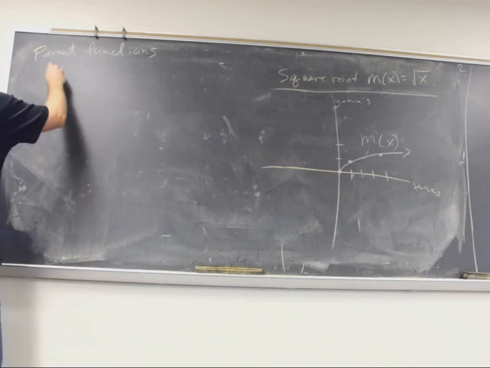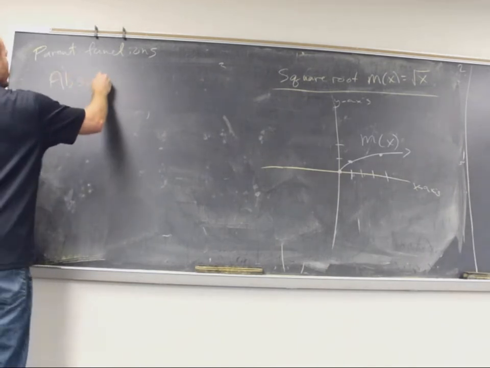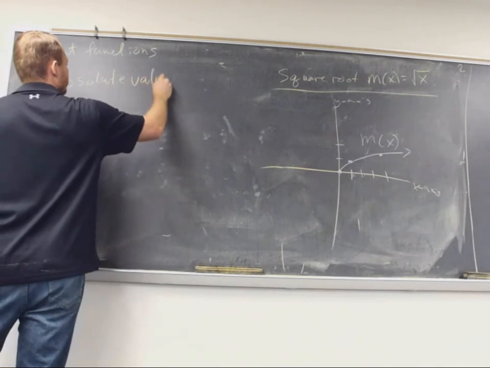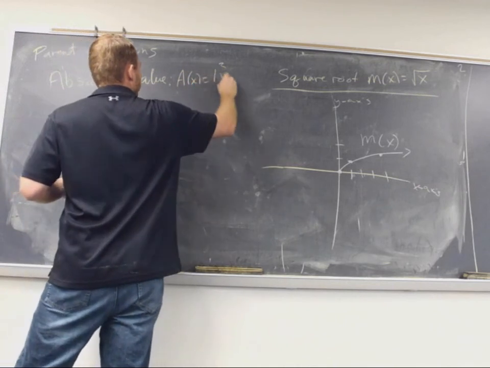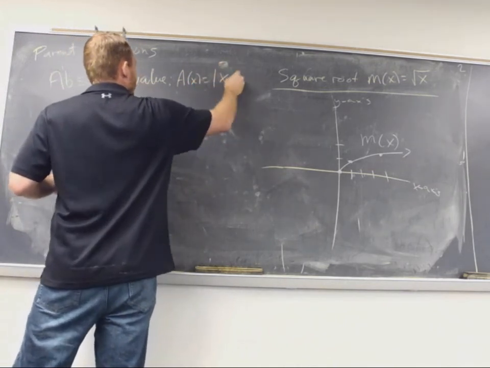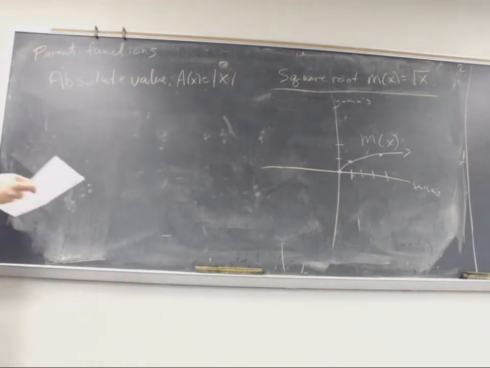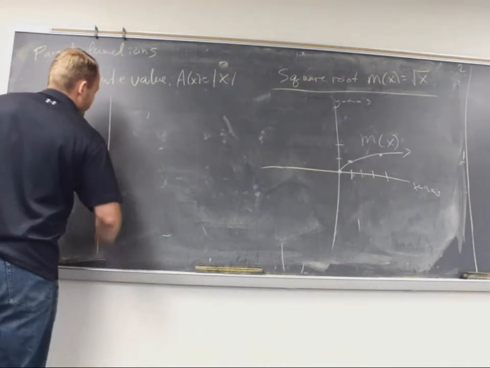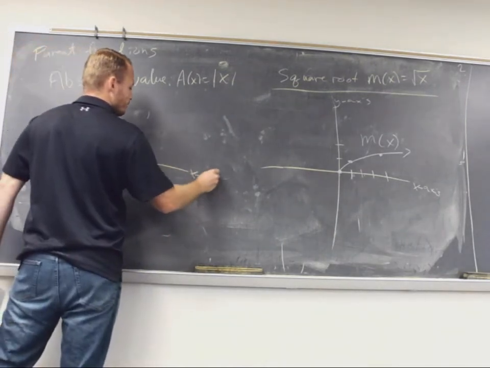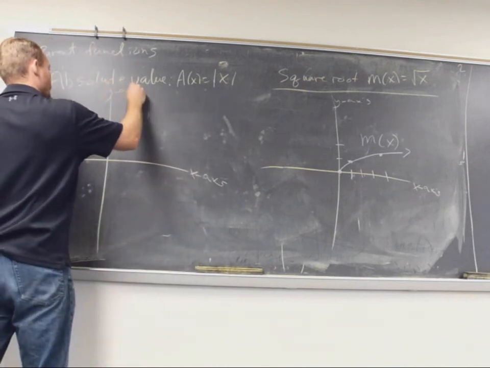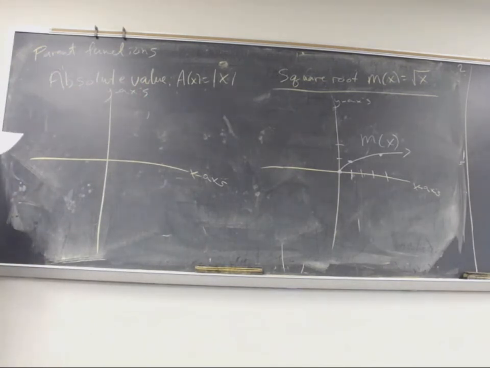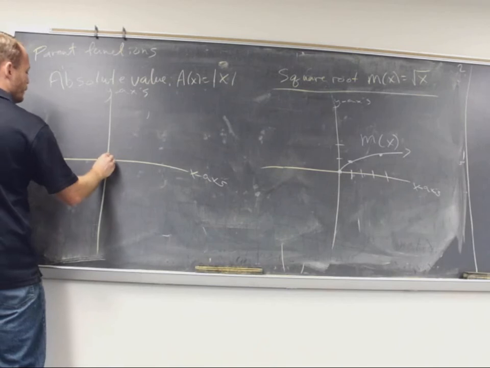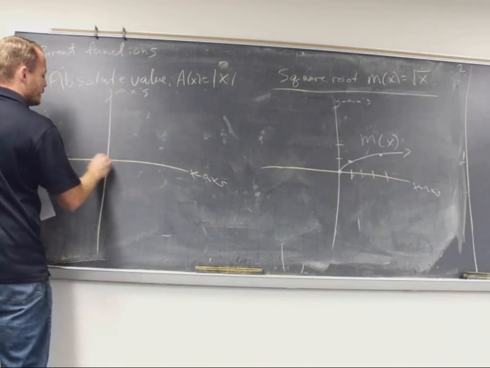And then we have the absolute value. We'll call this one a of x, which is just two vertical lines, a vertical line on each side of the variable. And its graph looks like this. The absolute value of 0 is 0.